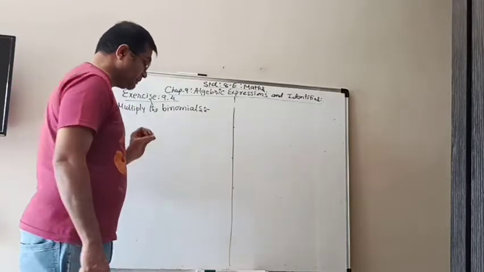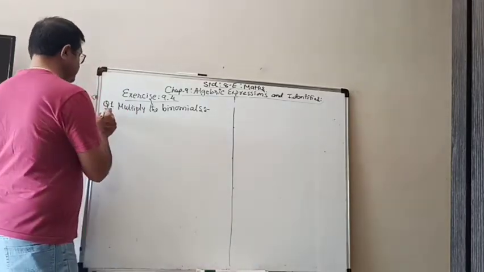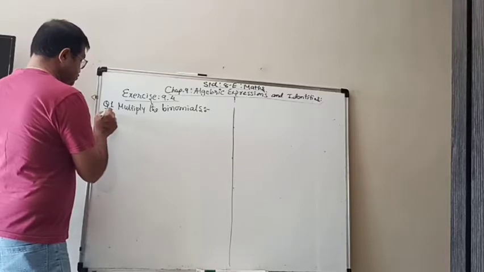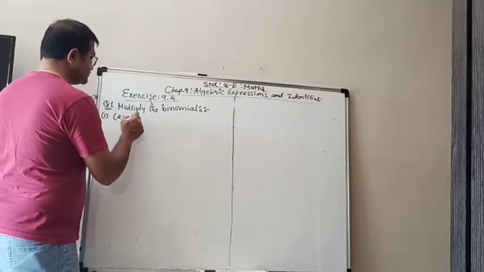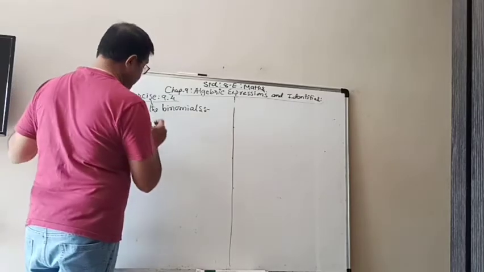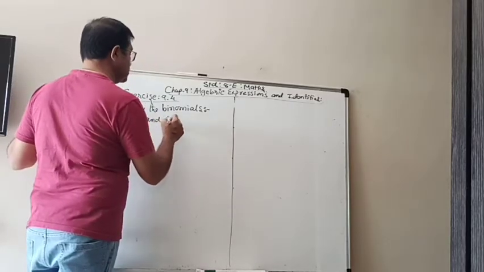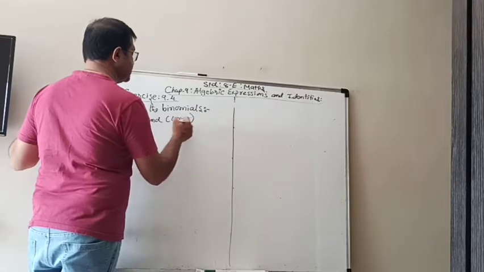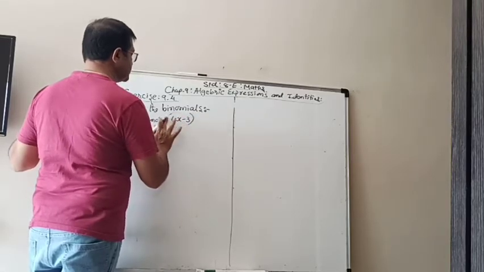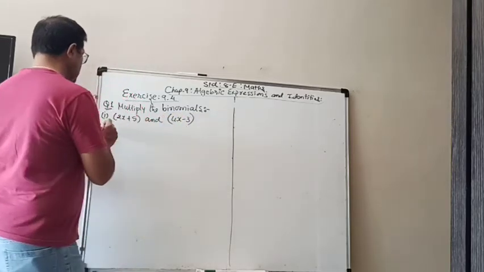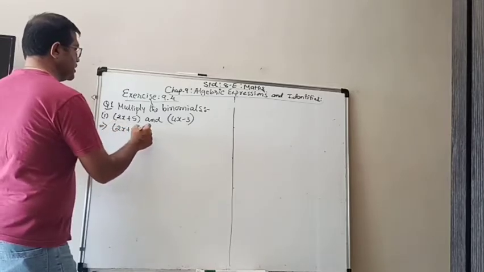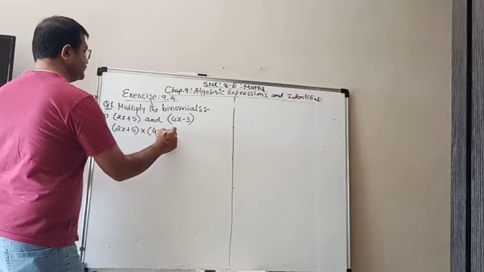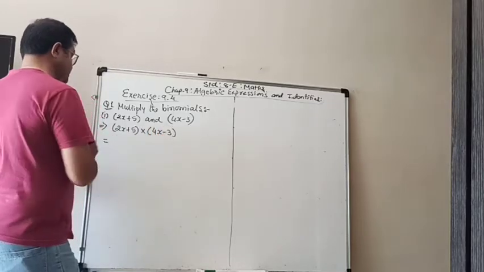Question 1 is multiply the binomials. First one, 2x plus 5 and 4x minus 3. So now 2x plus 5 multiplied by 4x minus 3.